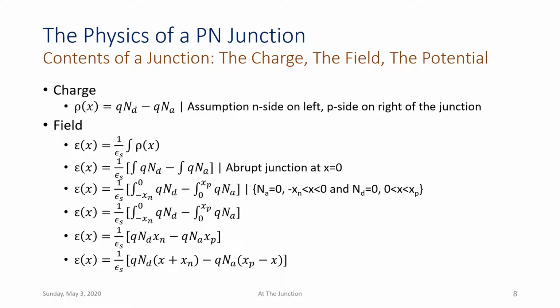So once we put in the expression for rho of x, we get the electric field equals 1 divided by the permittivity of the semiconductor times the integral of Q N sub D minus the integral of Q N sub A. We are assuming that this junction is abrupt, which means that at x equals 0, on the left of x equals 0 is the n side, and on the right is the p side.